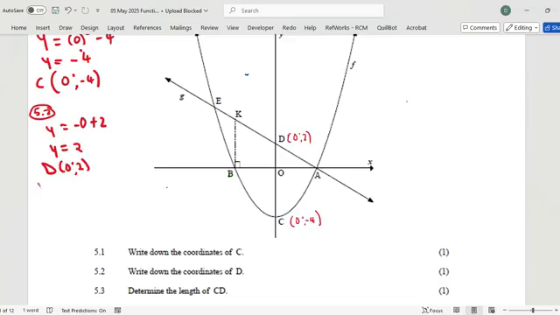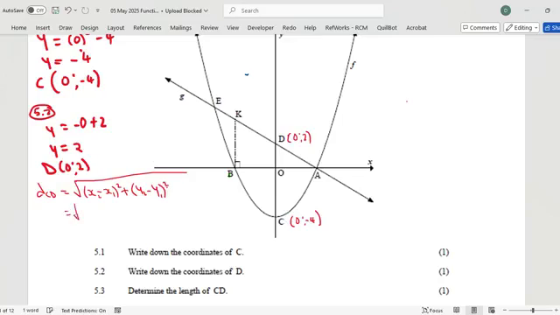So the distance between C and D is equal to the square root of, what is the formula? x2 minus x1 all squared, plus y2 minus y1 all squared.